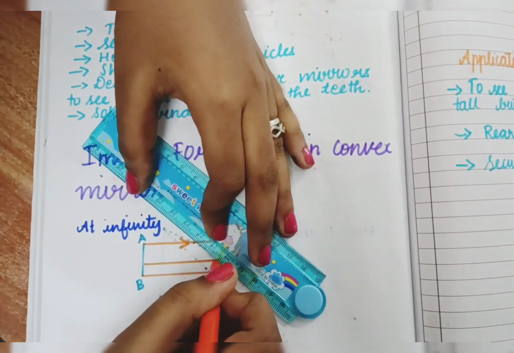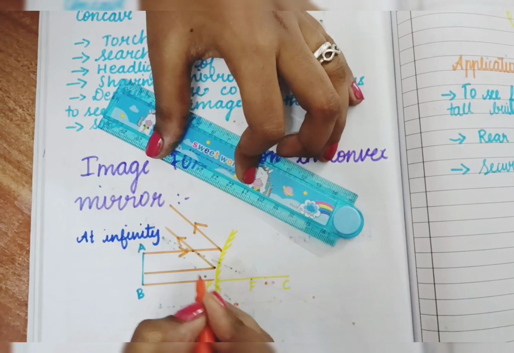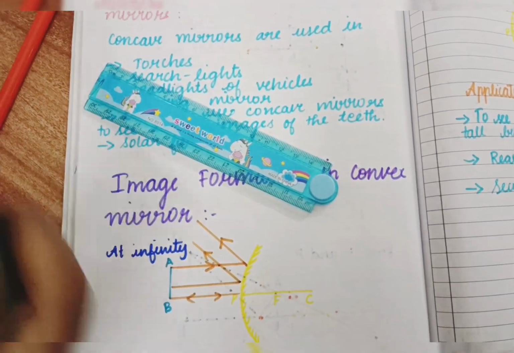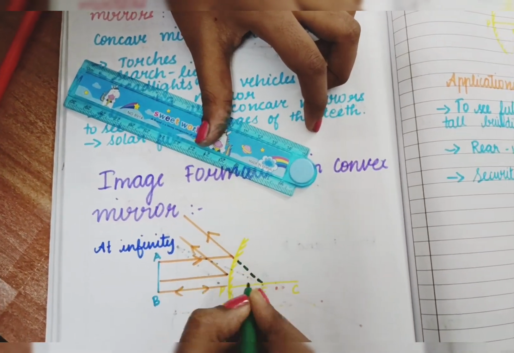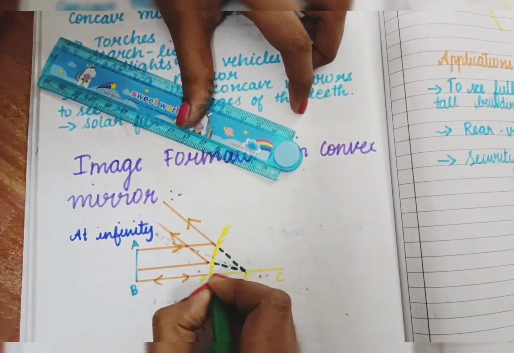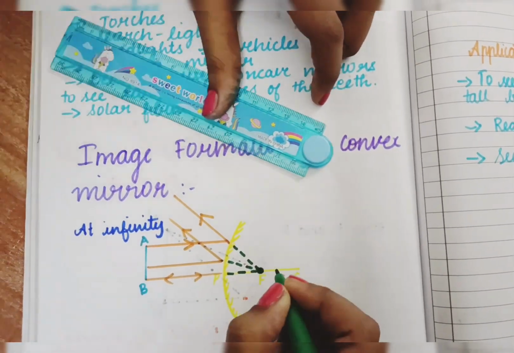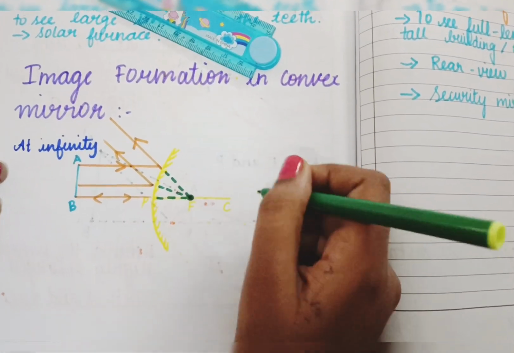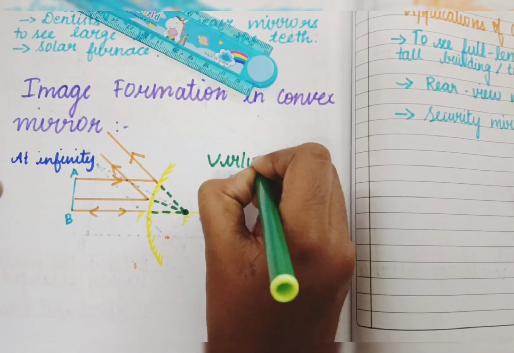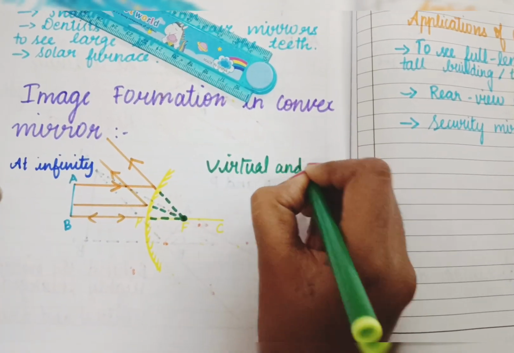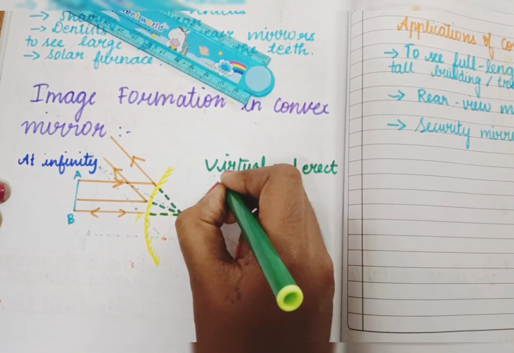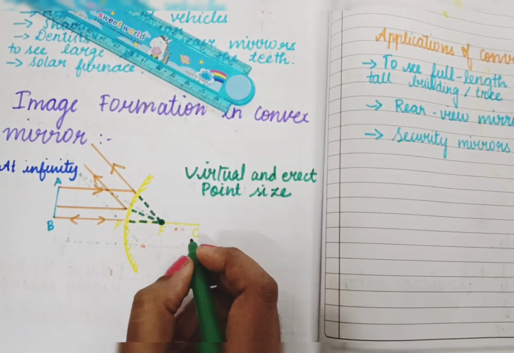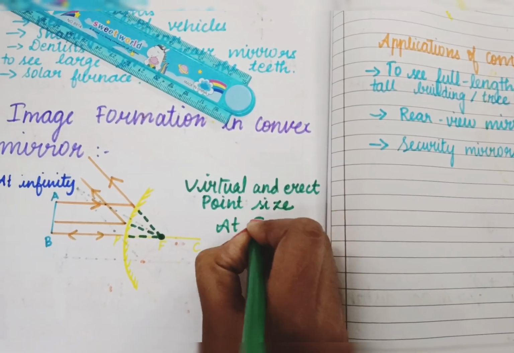We need to extend those lines to get the image formation. When we extend these lines, we can observe that the image is formed at focus. The image formed is virtual and erect and it is point-sized. The image formed is at focus.